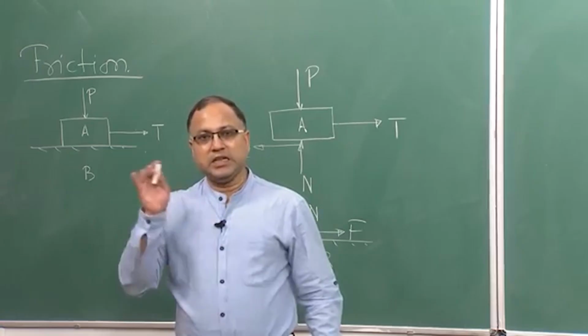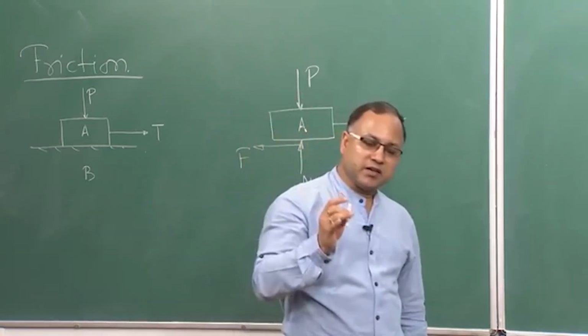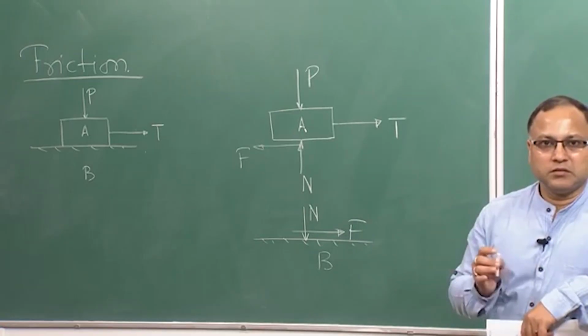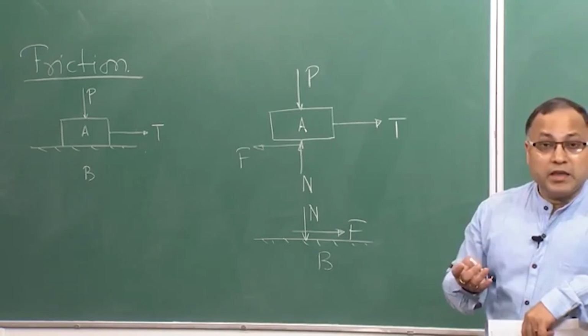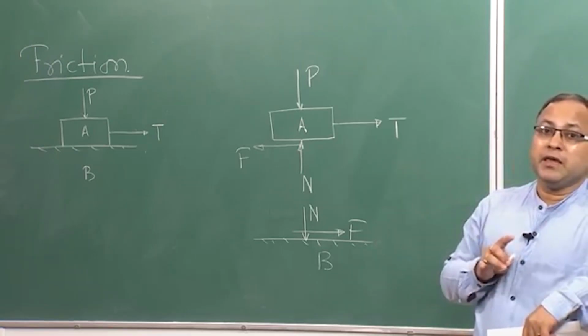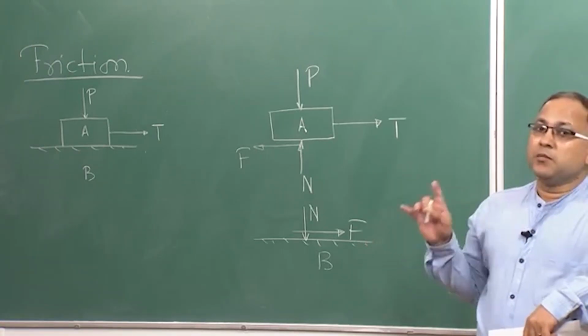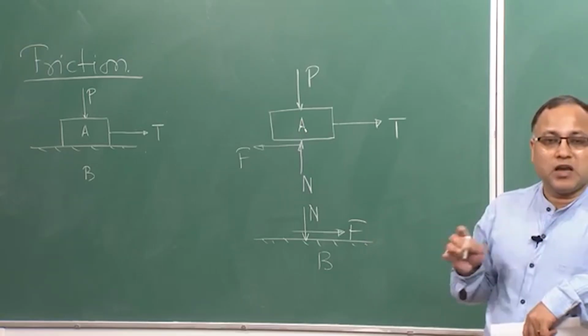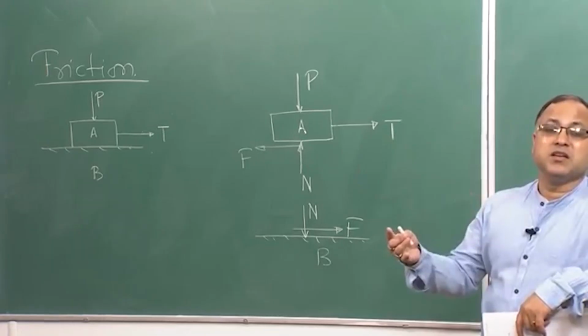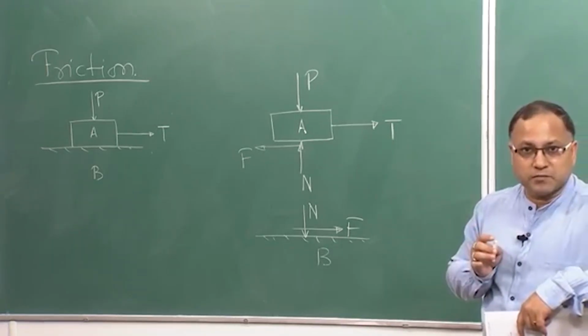Till then there is no relative motion between A and B. Why? Because the frictional force, that is the F force, is trying to resist that kind of relative motion.